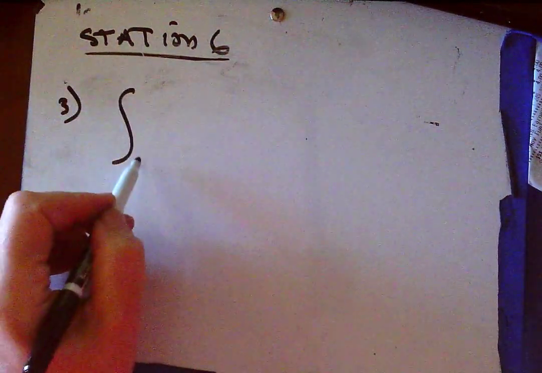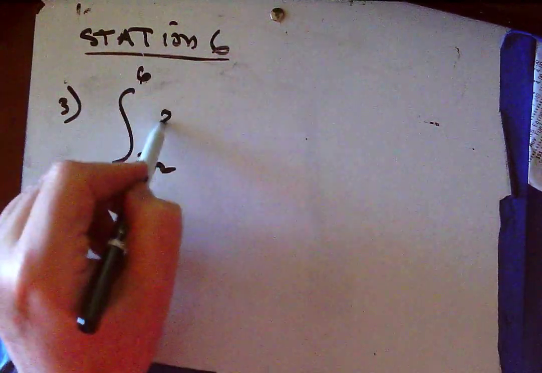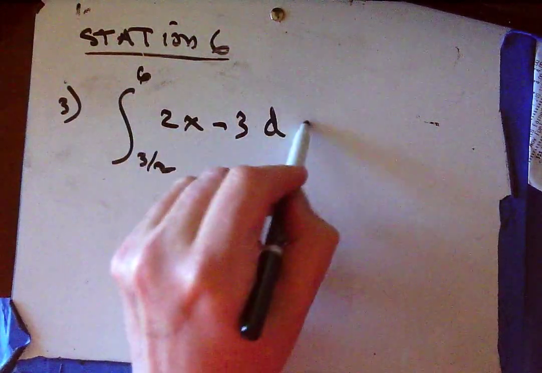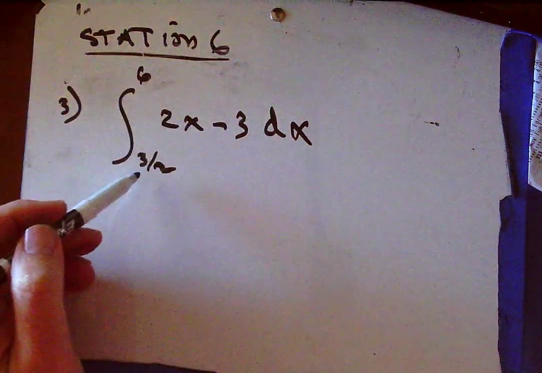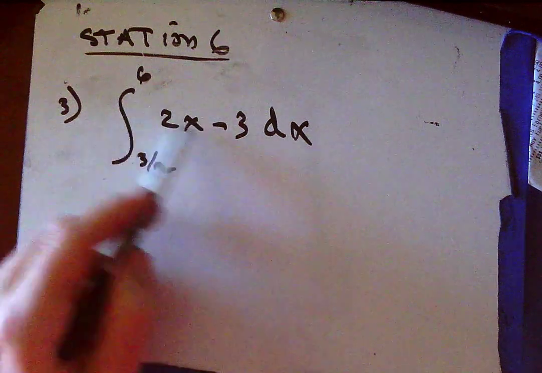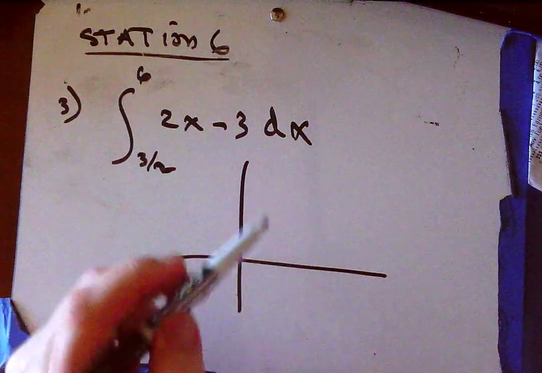So please appeal to the geometry of the situation. One might hazard a guess that Mr. Cooper made this station all about appealing to the geometry of the situation instead of finding the antiderivative. Now, I can understand here, I would rather do the integral and plug in 6 and 3/2, but let's take a look.